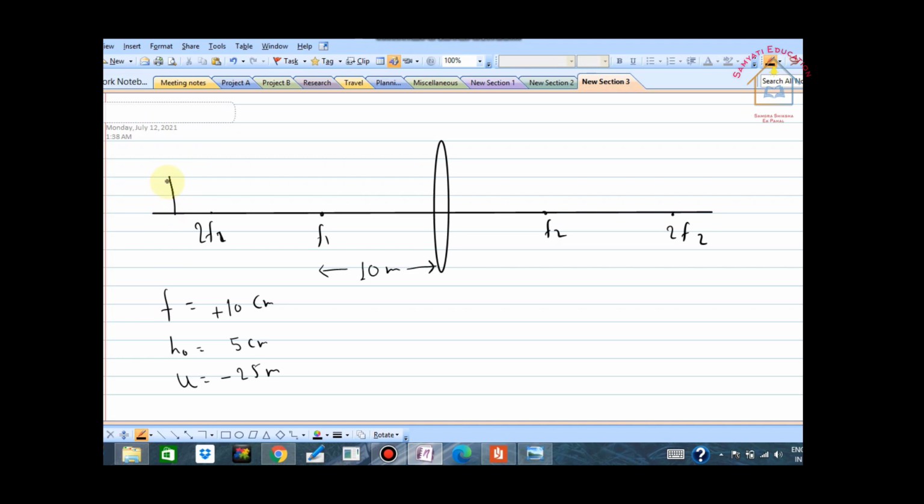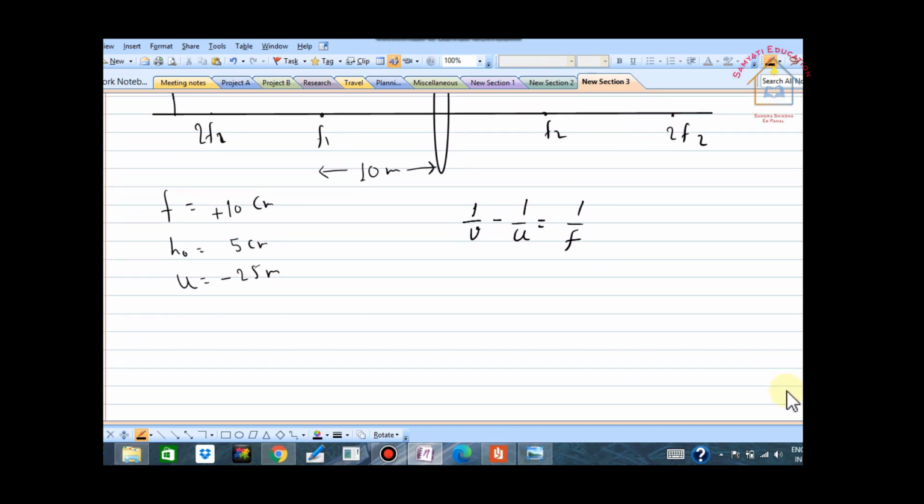Here is our object. This length will be 25 centimeter. And we will use the lens formula for solving this question. 1 upon v minus 1 upon u equal to 1 upon f.